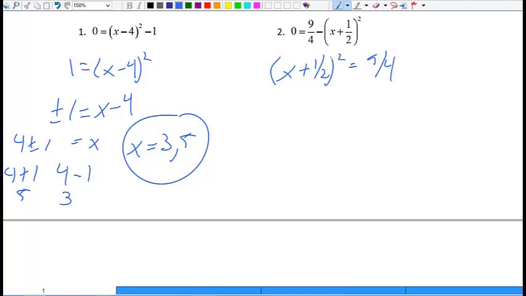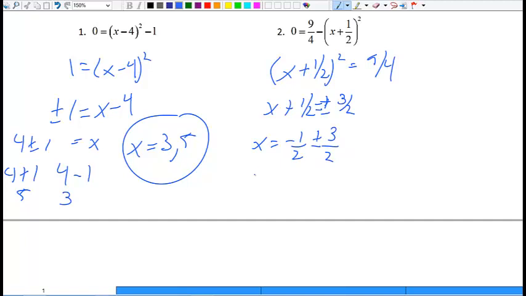And then when I take the square root of that, remember we get plus or minus, so plus or minus 3/2. And then I want to subtract off the half this time. So negative 1/2 plus or minus 3/2.